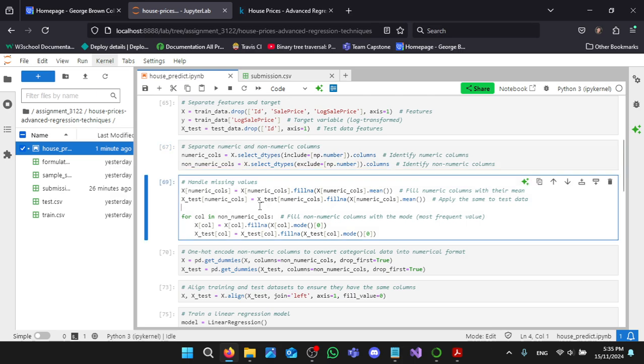So, handling missing values: I'm going to fill the numerical columns with the mean and the non-numerical columns with the mode.